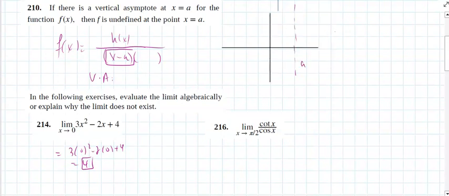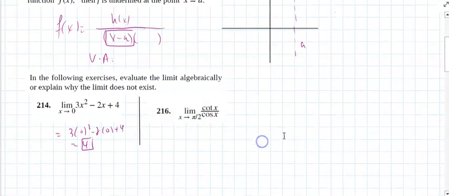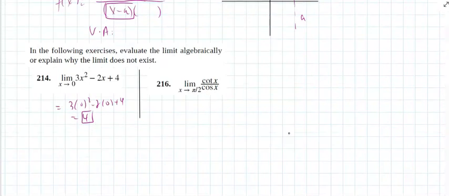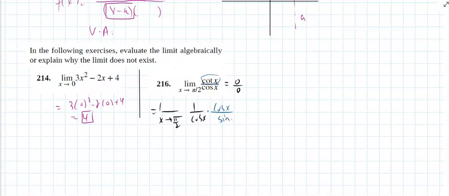When I look at the second example, okay, I plug the pi over 2 in. I'll get cotan of pi over 2 is 0, cosine is 0. I need to manipulate that. Well, how do you manipulate that? We say, all right, 1 over cosine of x, and we do know that cotan of x is cosine of x over sine of x.